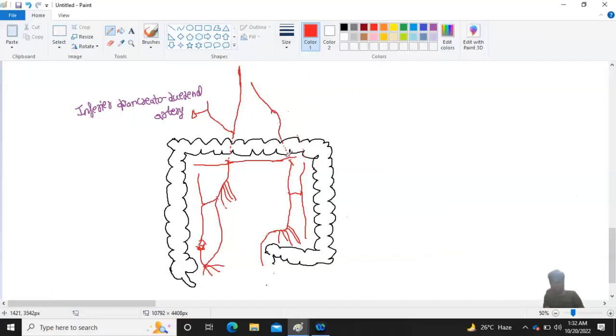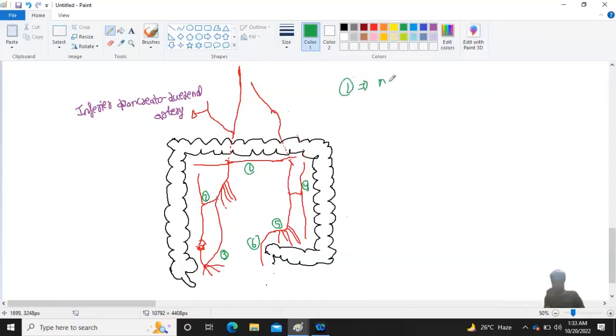So this is the supply. We can give names, 1, 2, 3, 4, 5, and 6. These are the arteries.